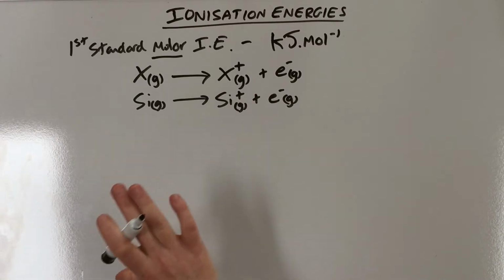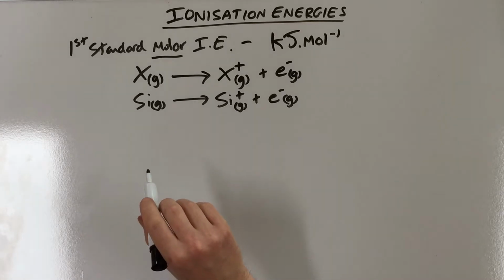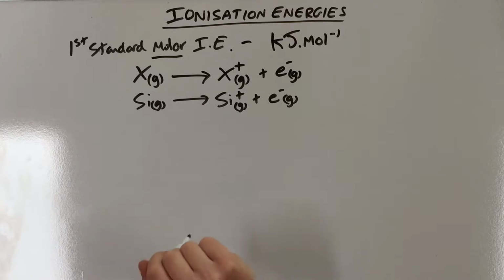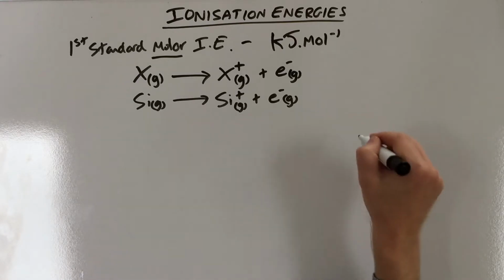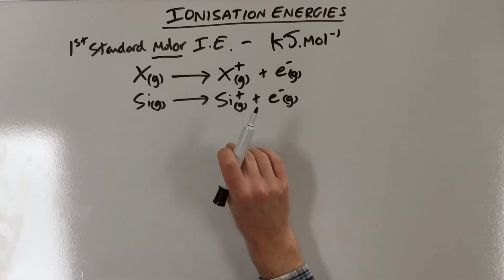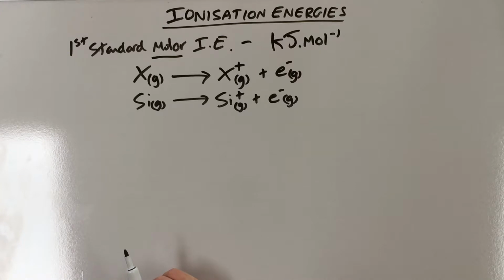When you have a look, there's a graph which you can download of the first 20 elements and how their different ionization energies look in terms of a trend. So each element has a different first ionization energy.